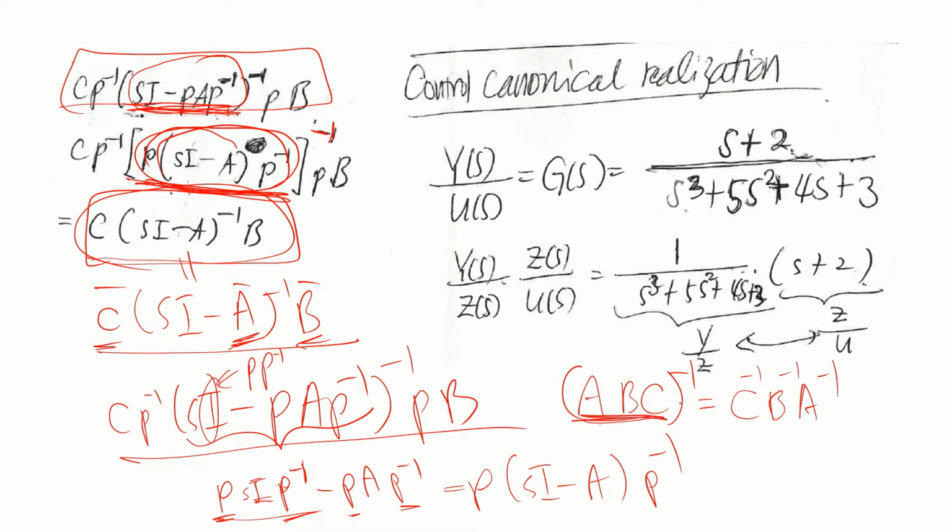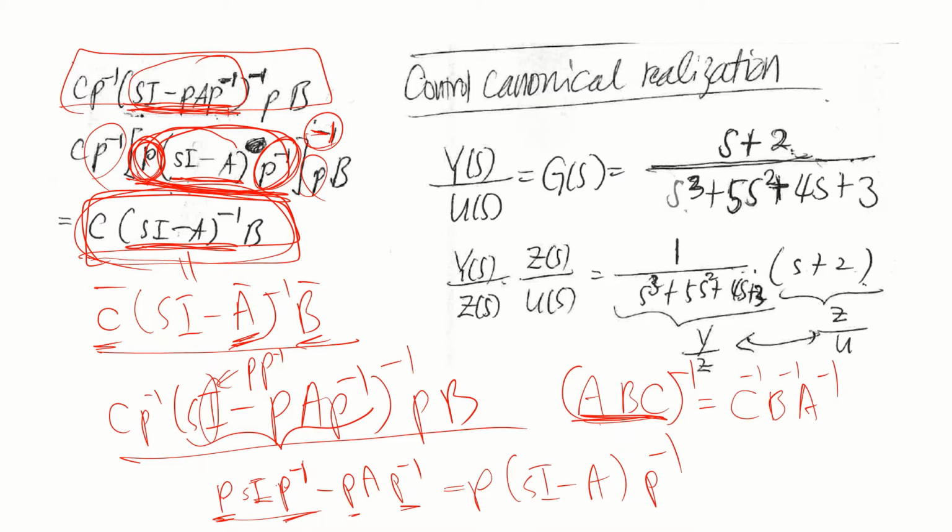You have to swap the order, and so first P inverse inverse will be P, so that P and this P inverse will cancel. Then (sI minus A) inverse comes, and P times P inverse times P gives you identity. So that's why you have C (sI minus A) inverse B.